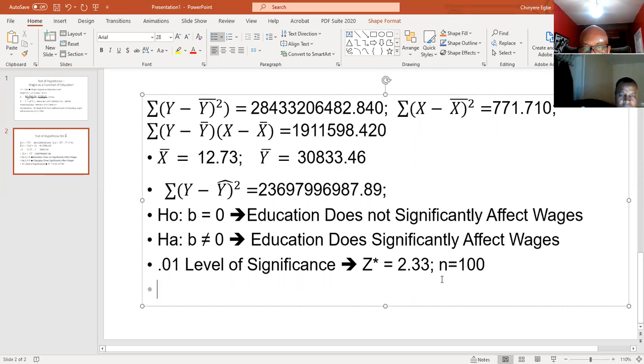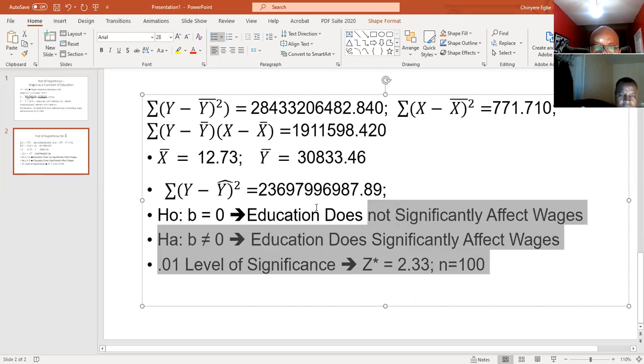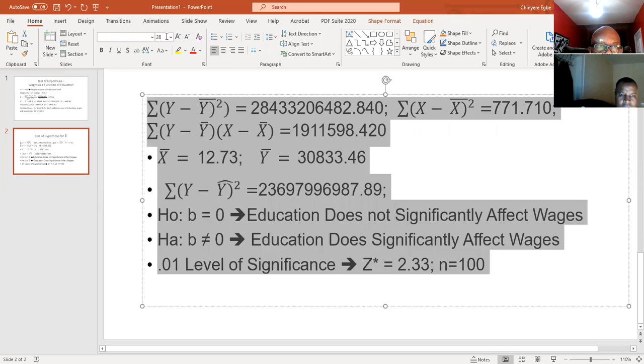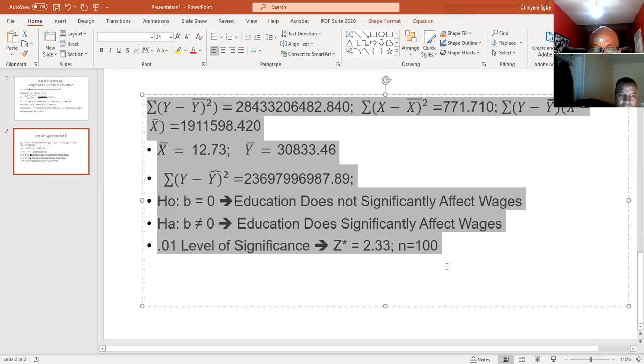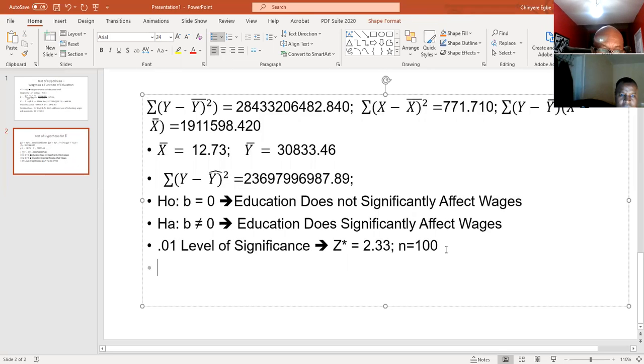To test the hypothesis, we have to calculate a z. Now we have the critical z value. We have to calculate the z that we're going to compare.